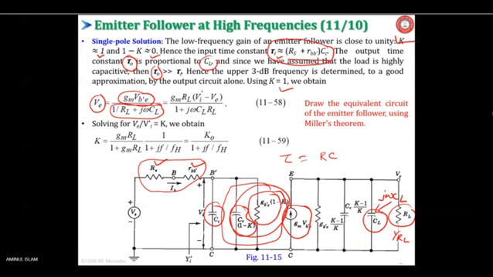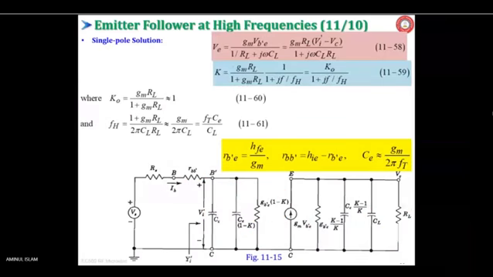By manipulation, you can write k equals k0 by 1 plus j f by fh, where fh is the upper cutoff frequency, the 3 dB cutoff frequency. So k0 may be approximated as 1 because gmRL will be much greater than 1, so it is almost 1.